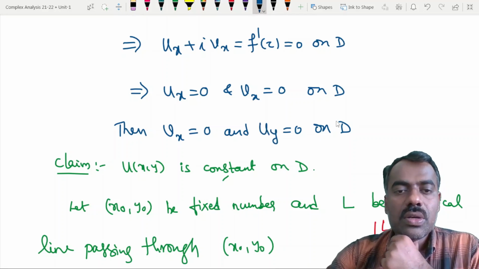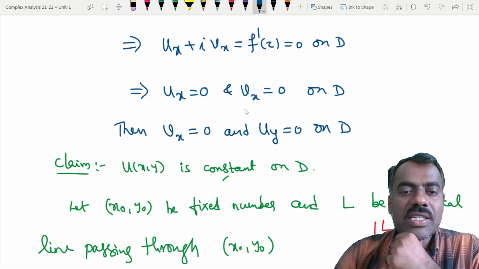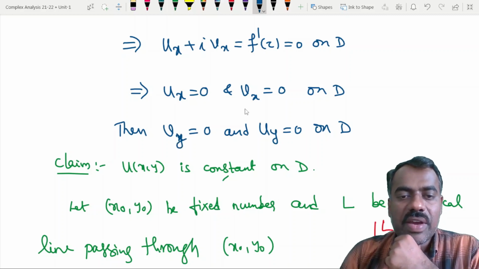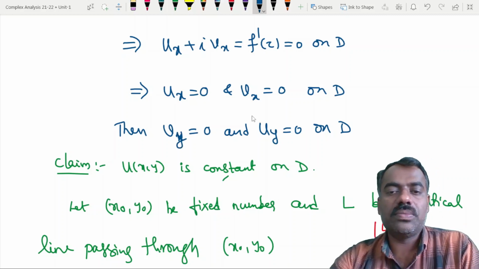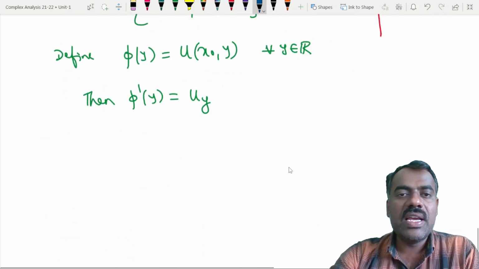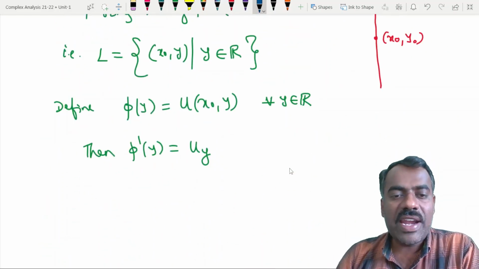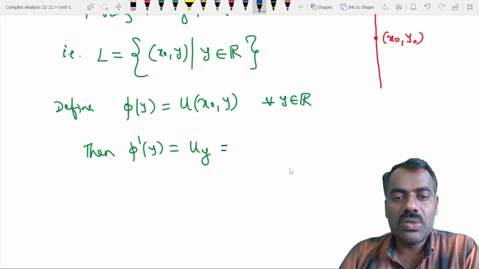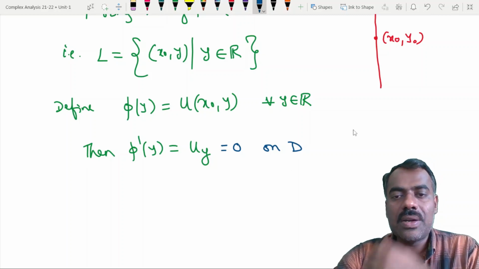So uy is 0 on D, right? Therefore phi dash of y is equal to 0 on D.